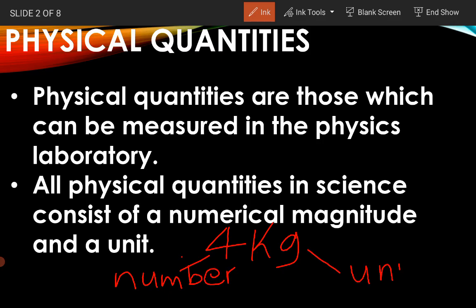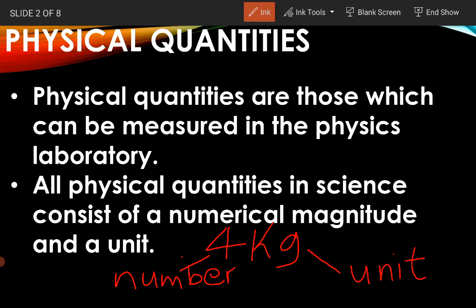So any quantity that you measure in the lab must have 2 parts. If you don't indicate any of the parts, then it doesn't make any sense at all. Let's suppose that you measured the mass of a bag of sand and you found 4 kg, but you omitted the kg.